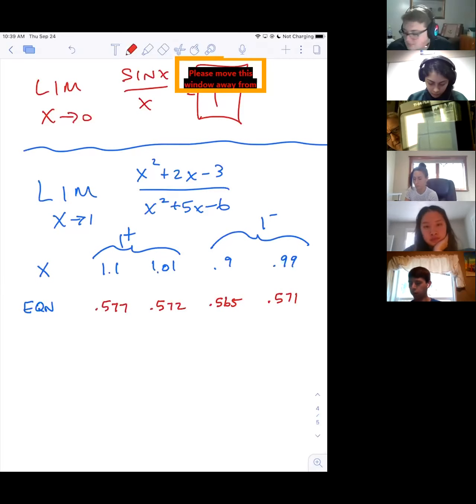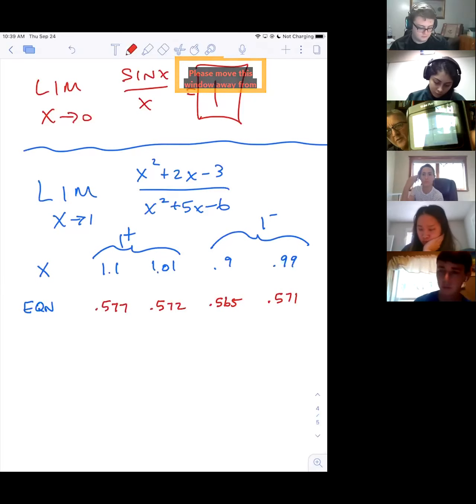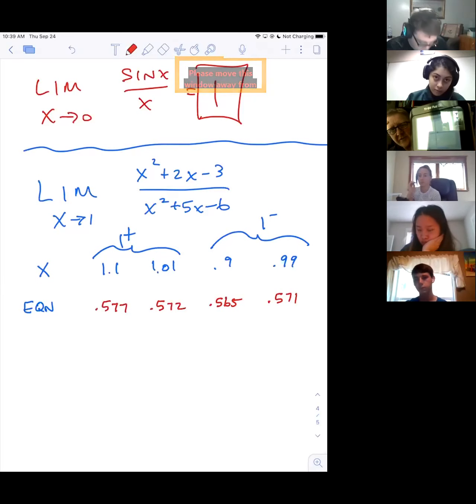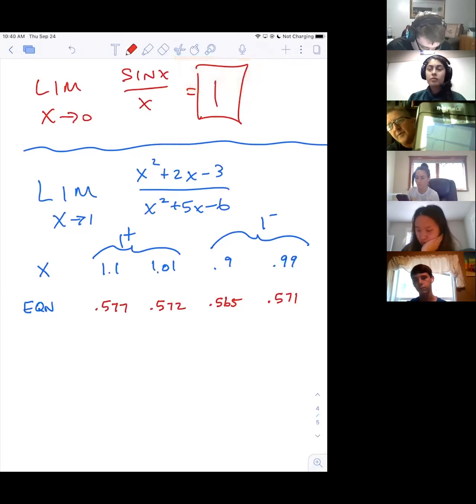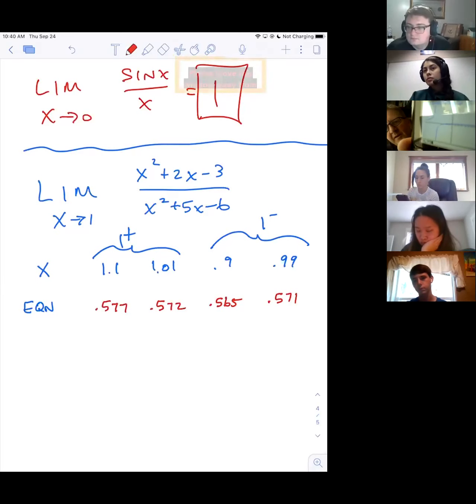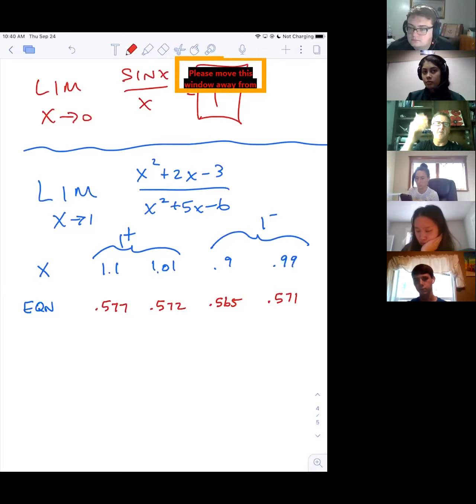I got this graph, and then I hit trace, which allows me to cruise along the graph. So now it's cruising along the graph, and I typed in 0.99. I know you can't really see this, but at least you're getting an idea here. And I hit enter, and that's where I got my 0.5708 number. Like typing stuff into equations and so forth.